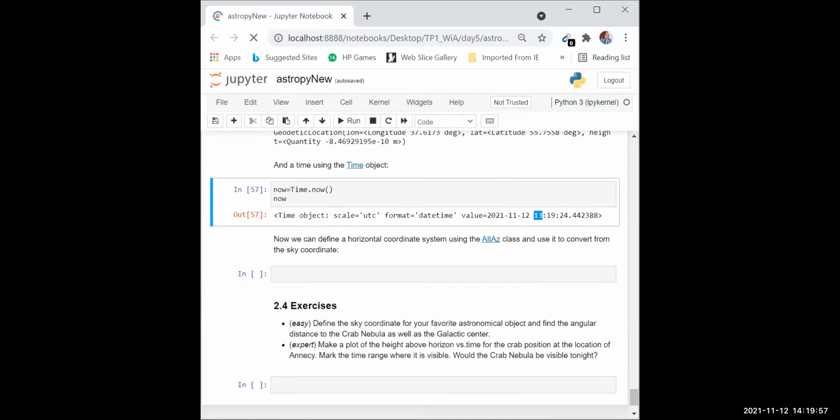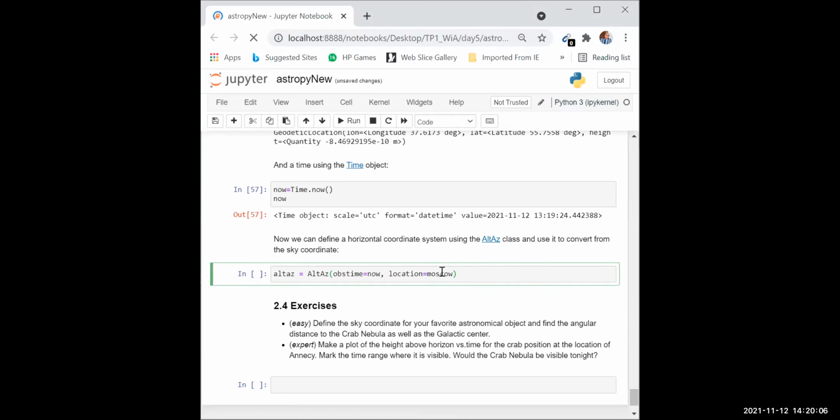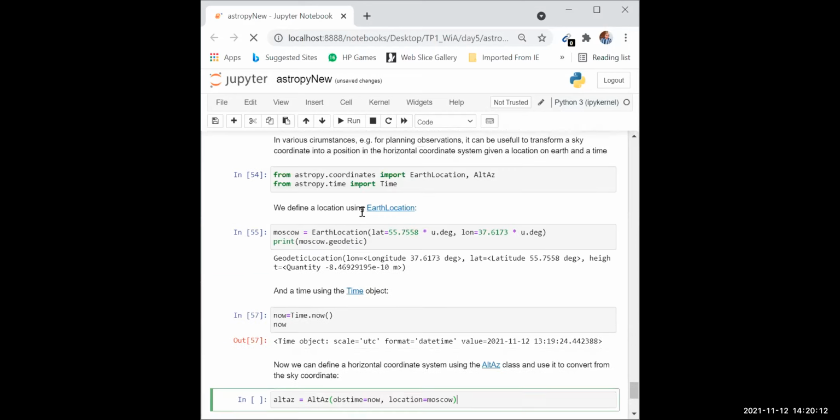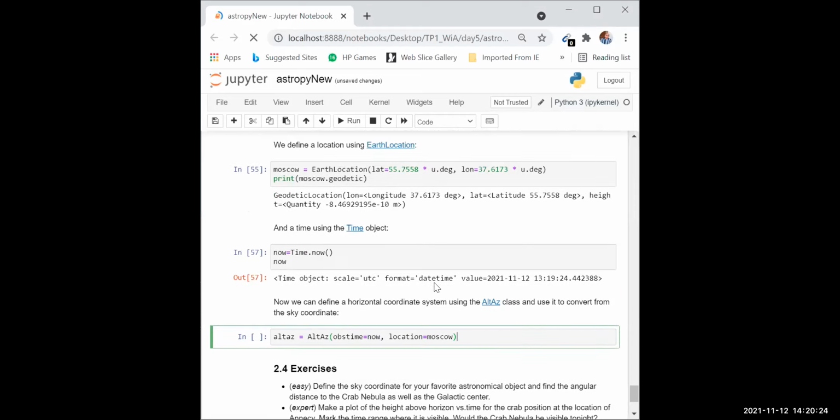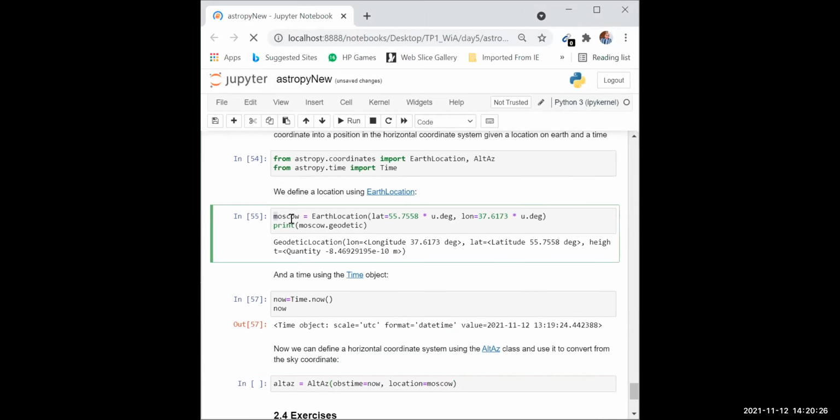And now you can use this alt-azimuth. You define a variable, say alt-azimuth, and AltAz, which we have imported here, and observation time is now. You specify what time you want, and the location we have is Moscow. We have stored this, Moscow is a variable name.